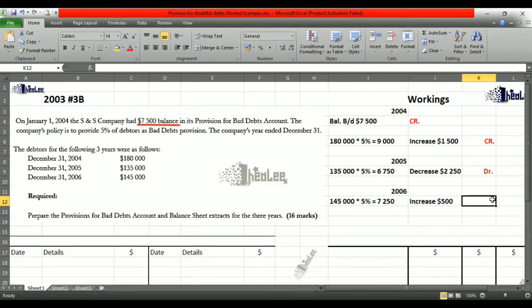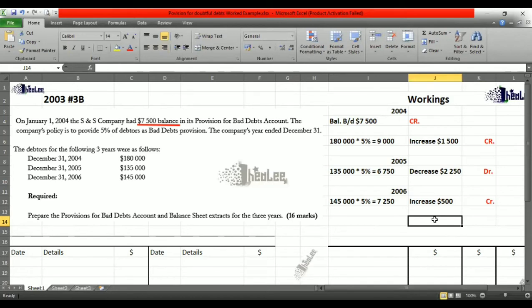Now, when there is an increase in the provision for doubtful debts, remember, this amount is credited to our provision for doubtful debts account, while our profit and loss is debited.